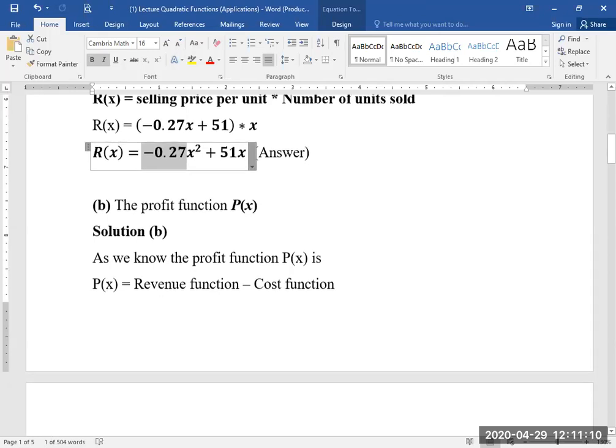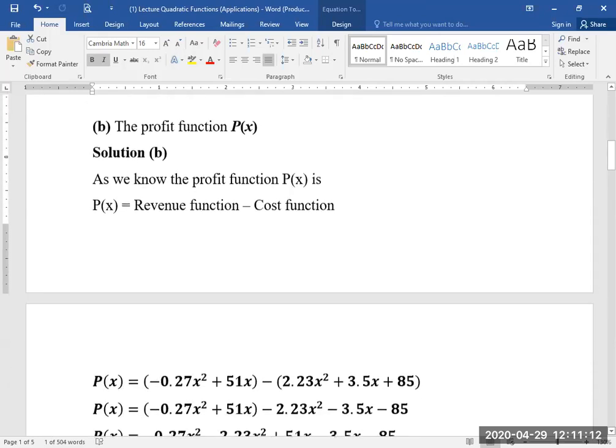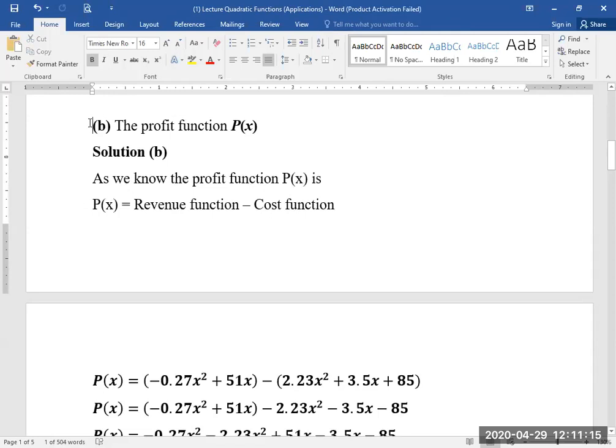Now on part B, the profit function P of x, we have to find the profit function. As we know, students, revenue function minus cost function leads to the profit function.